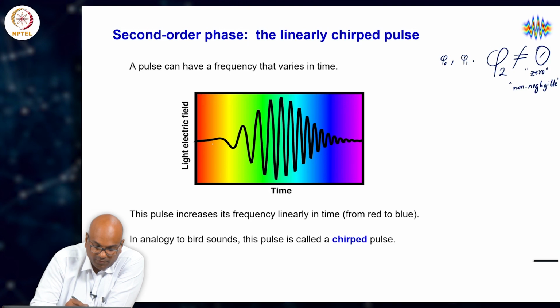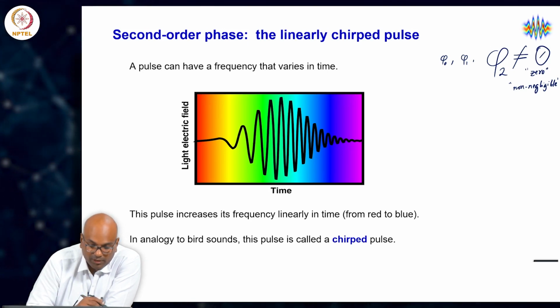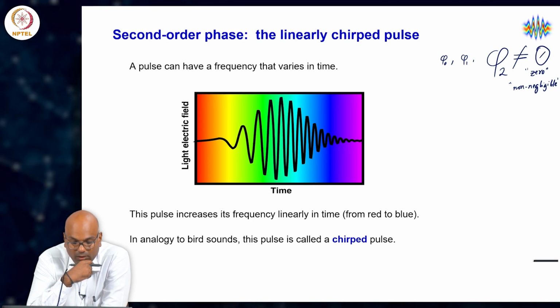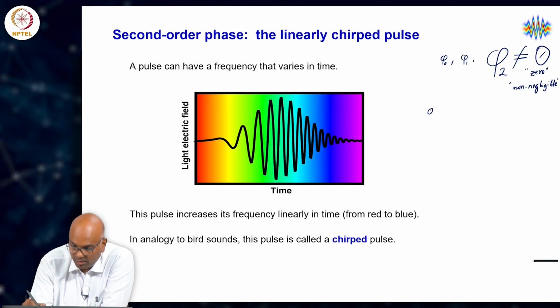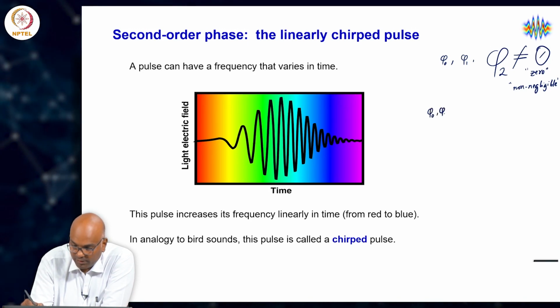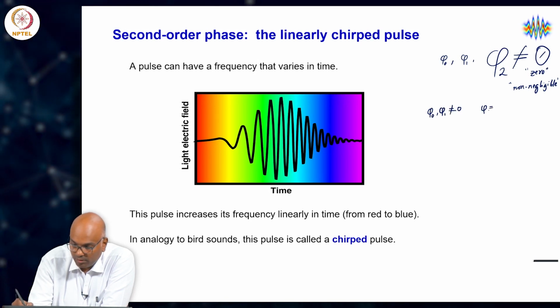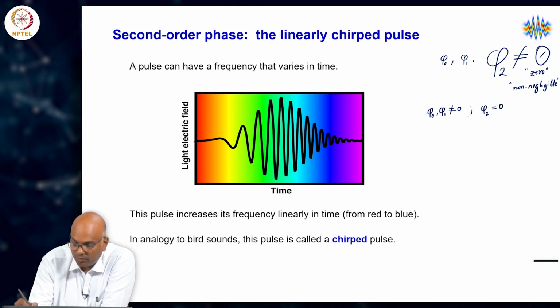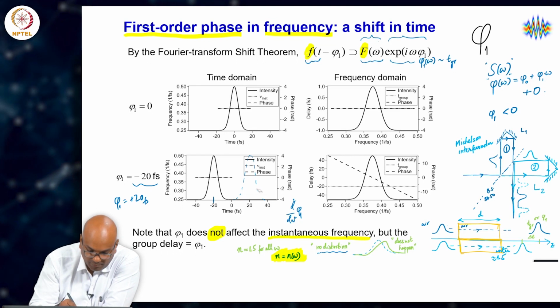It is enough if the carrier suffers a distortion. In other words, in the case where phi 0 and phi 1 were non-zero, but phi 2 and greater were 0, which was the previous case.